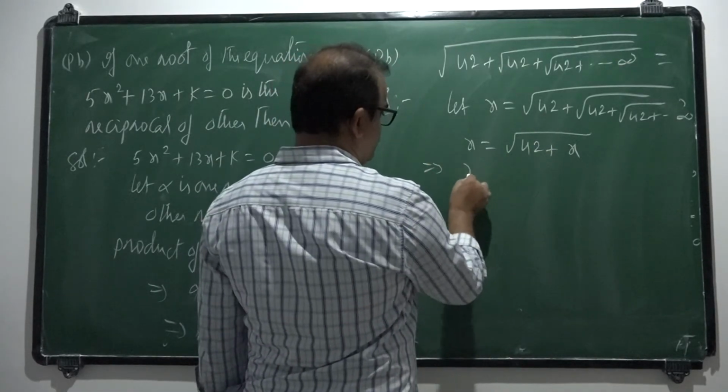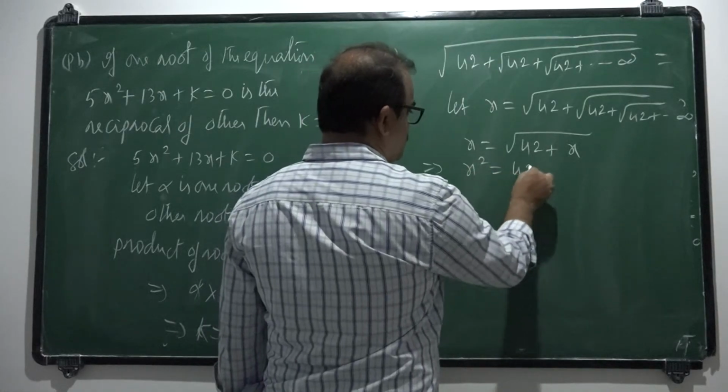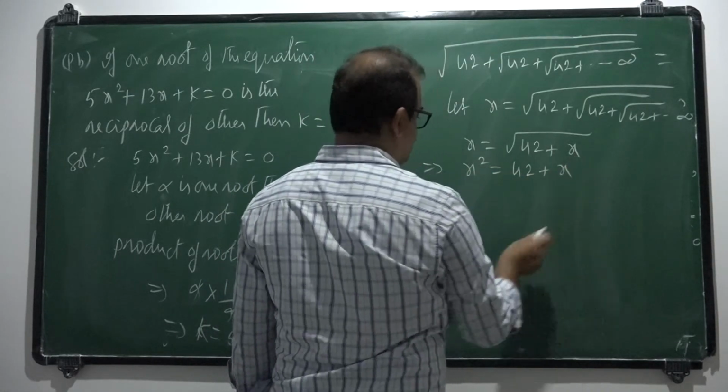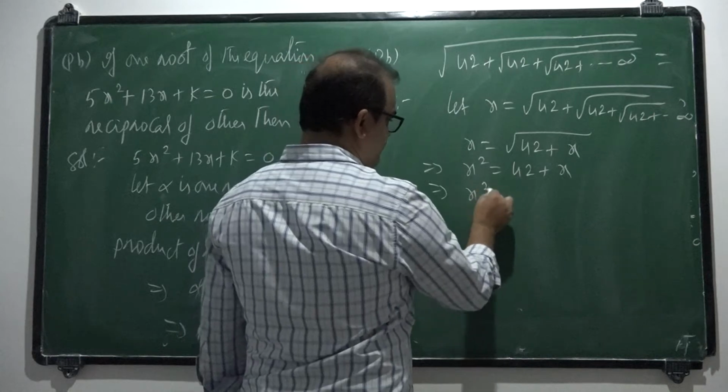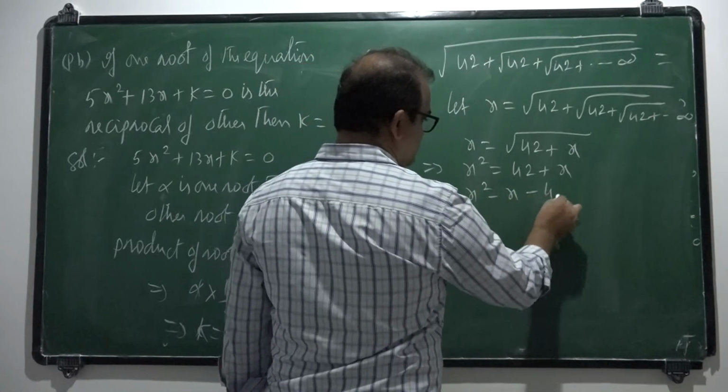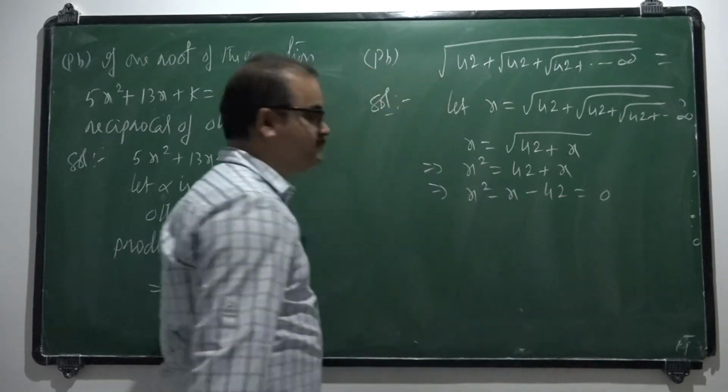Now squaring on both sides, x square is equal to 42 plus x. We get x square minus x minus 42 is equal to 0.